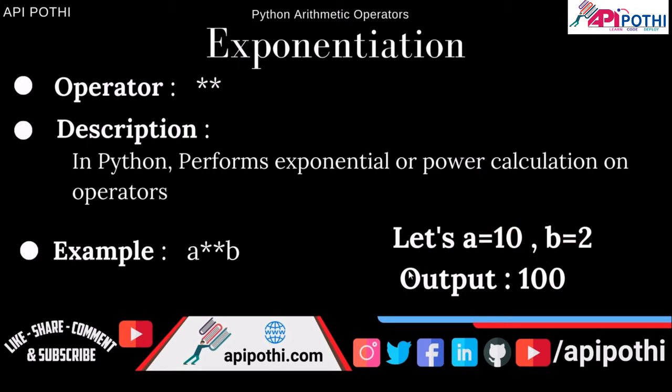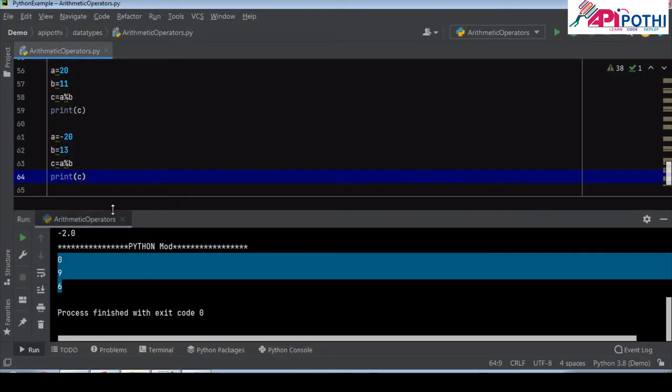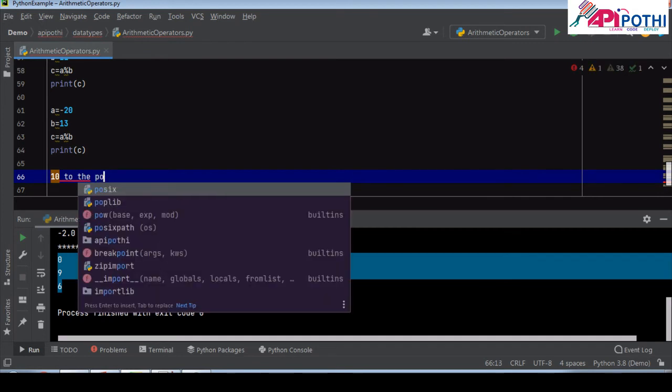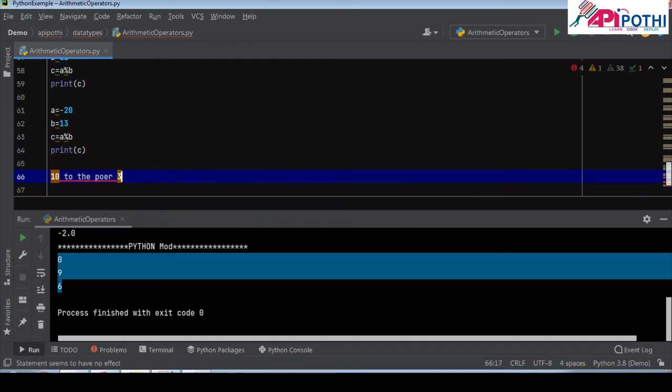Otherwise, let me explain here. If we are saying 10 to the power 3, what does it mean? It means 10 into 10 into 10.